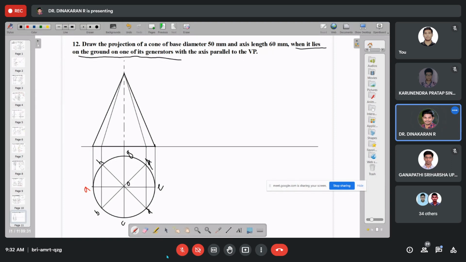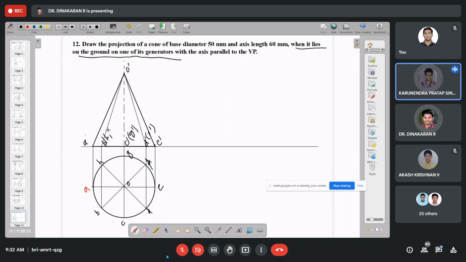So how to project the third step? Normally when it is lying on the ground, it is directly placed in projection. So how to get the third step? In the third step, the generator will touch the HP, our reference line, and it will be parallel to the VP.